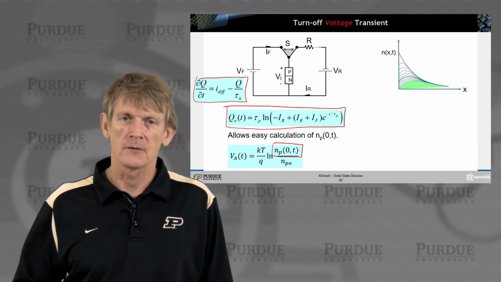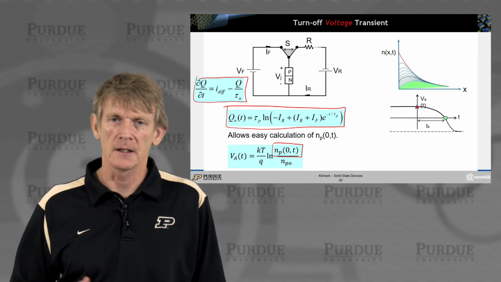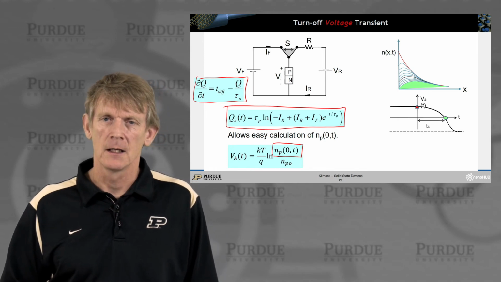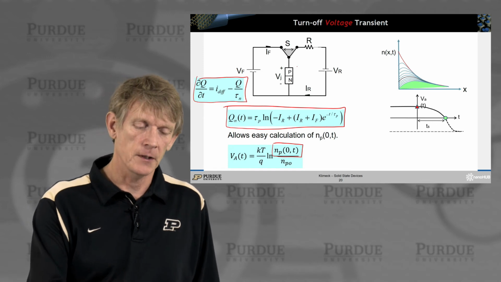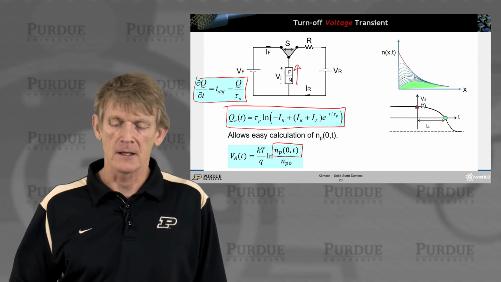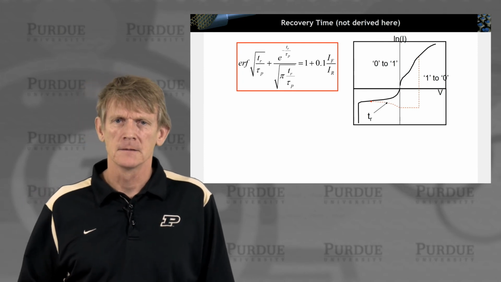Therefore, we can calculate in this charge control model the evolution of the voltage that is dropping over this diode. Okay. All right.